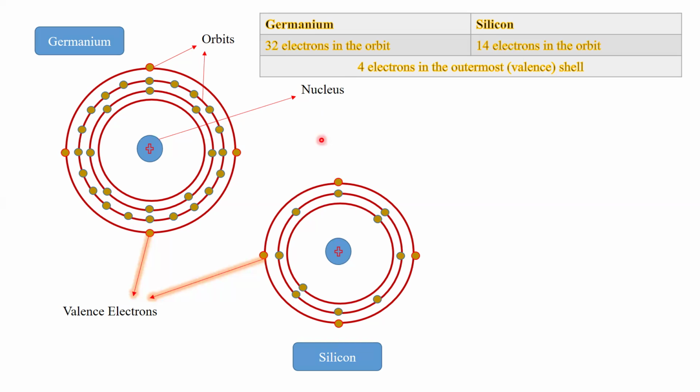We will see the concept of covalent bonding. Specifically, we'll see covalent bonding and how these electrons find ionization energy or ionization potential to liberate themselves so that they can contribute to the conductivity inside the material.